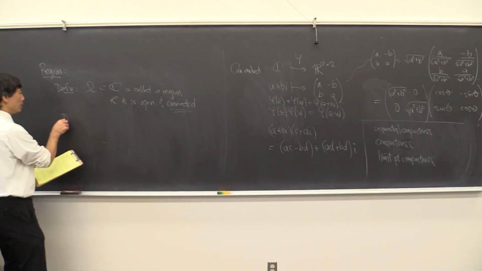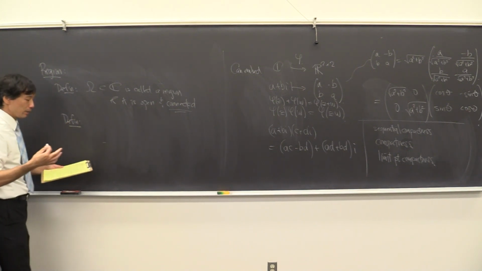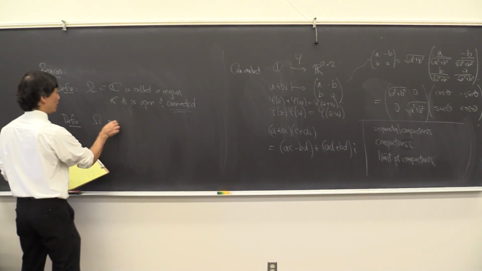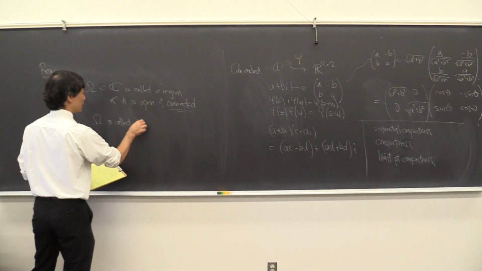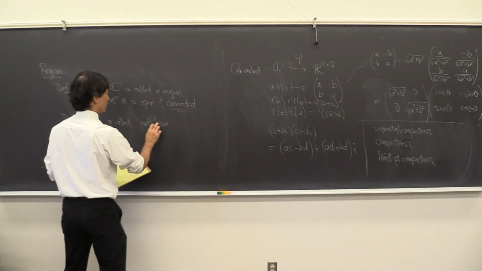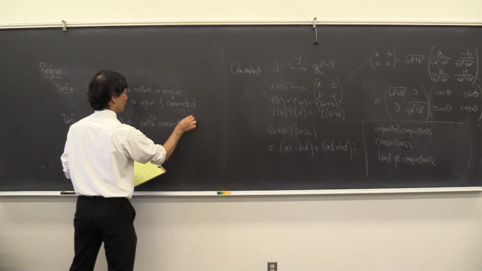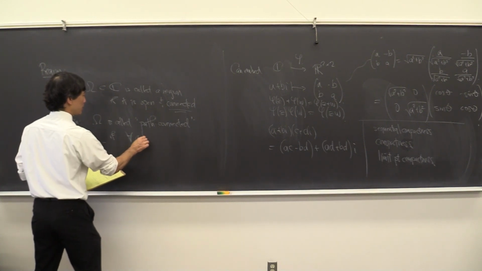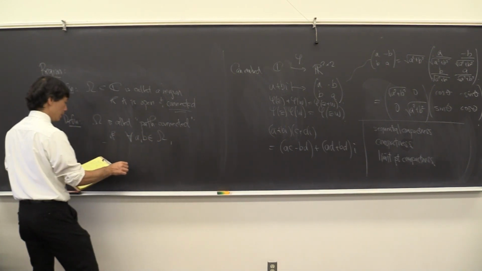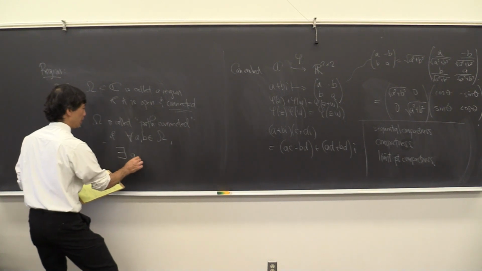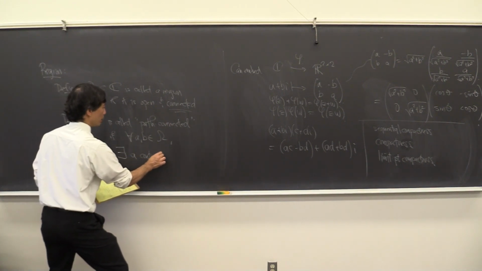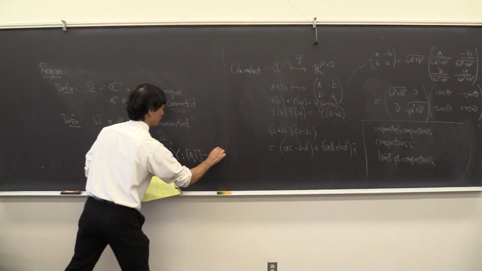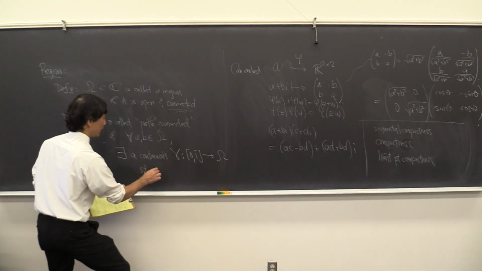A definition that you might not have seen is so-called path connected. Omega is called path connected if for every pair of points in the set, you can create a continuous curve, gamma, into the set that starts at one point and ends at the other point.